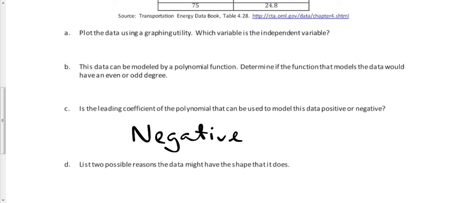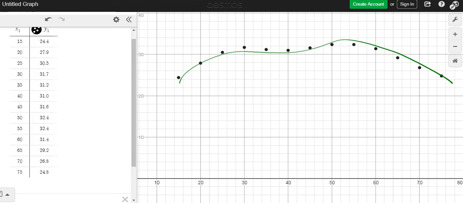Now, there's two possible reasons the data might have the shape that it does. Why does the data look like that? Think about the why. What am I graphing? Comparing speed of the vehicles to gas mileage, right? The faster you go, think about it.